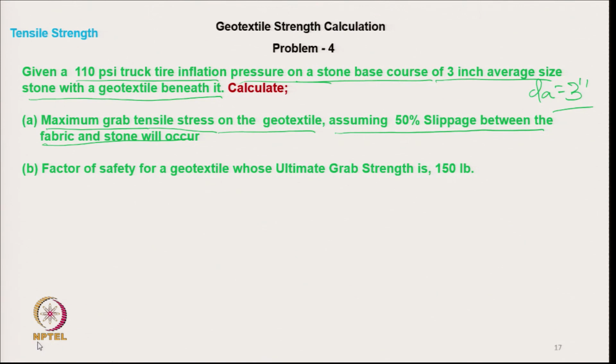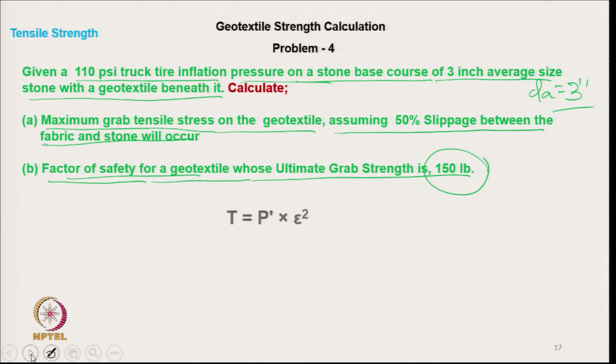So, let us see. 50% slippage, and next we have to calculate the factor of safety for a geotextile whose ultimate grab strength is 150 pound. So, first we have to calculate the maximum grab stress with 50% slippage, and next we have to calculate the factor of safety.